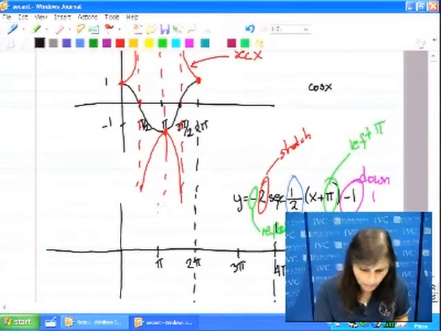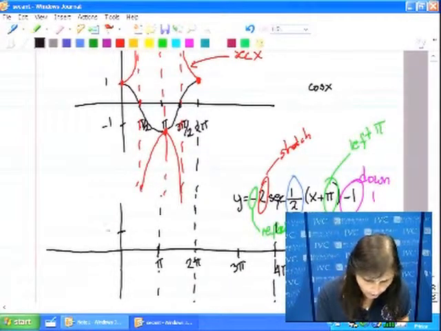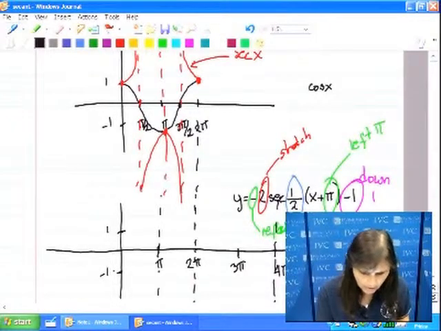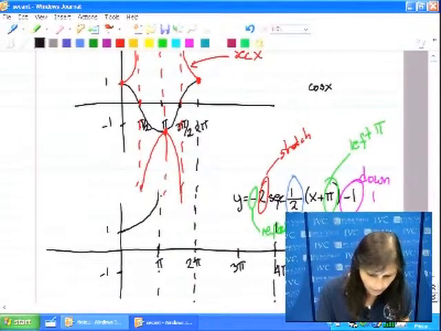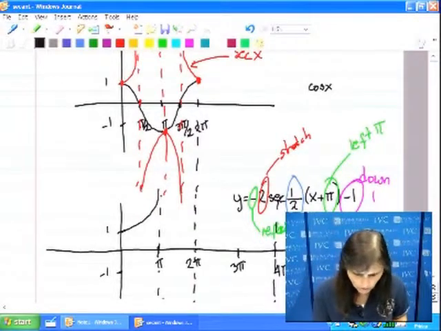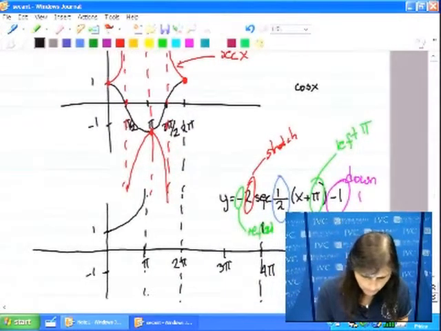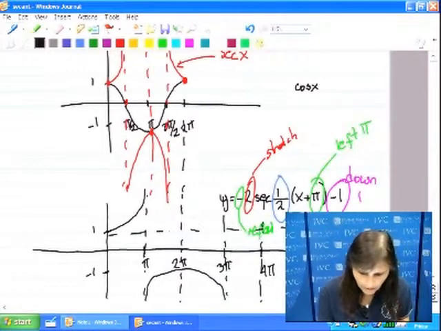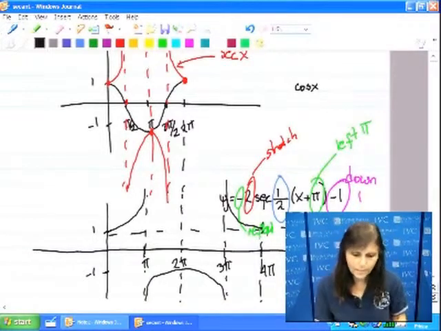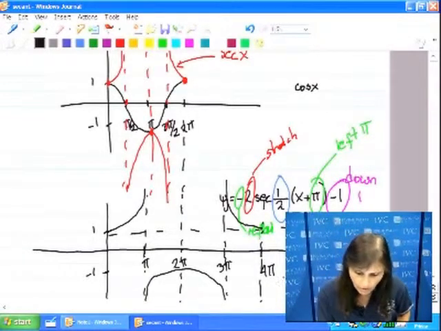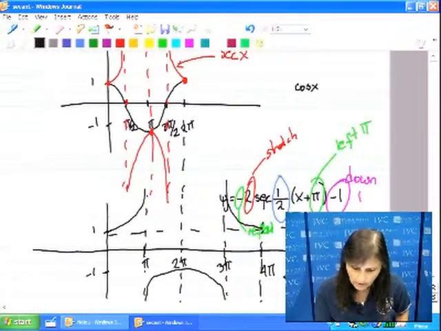Remember how this was? It's going to get fatter, 1 and negative 1, and it's going to go down that way. This is the picture of y equals secant of 1/2 x.